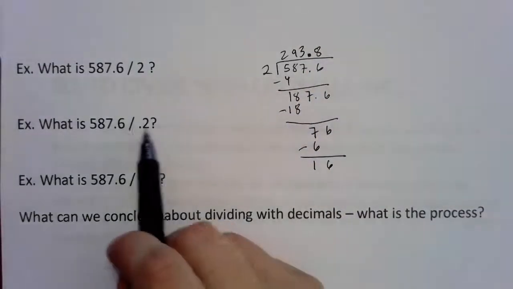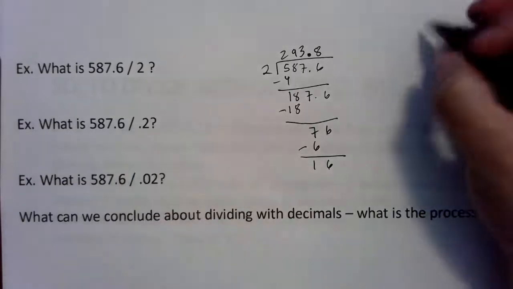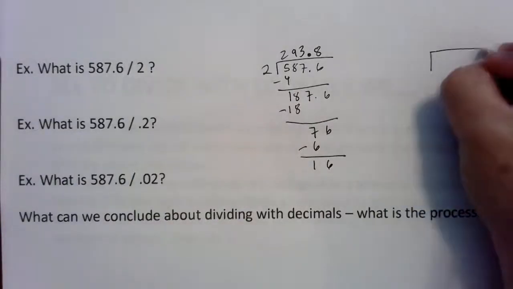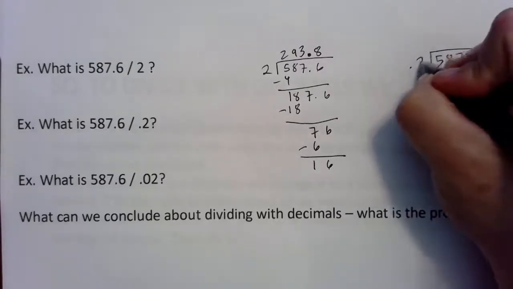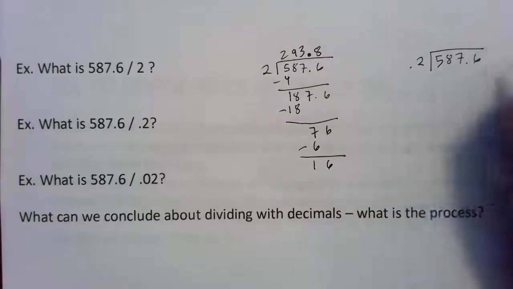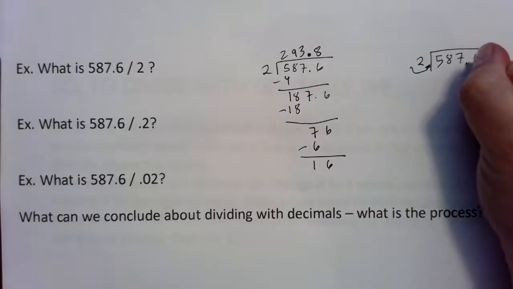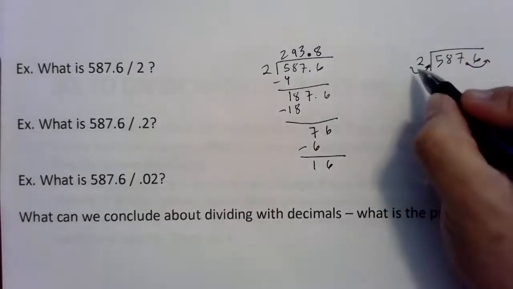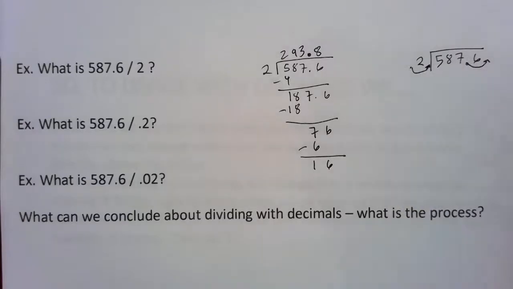Now, if we were to do 587.6 divided by 0.2, we can't divide straight in this fashion with long division, so we need to convert this to a whole number, but then we would also move the decimal place over in the dividend and the divisor.